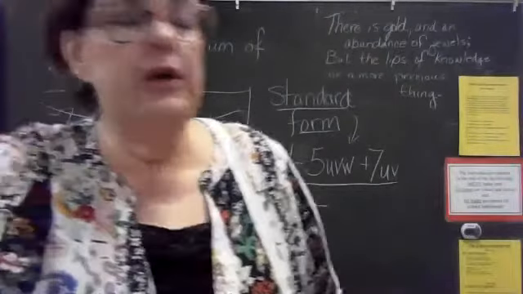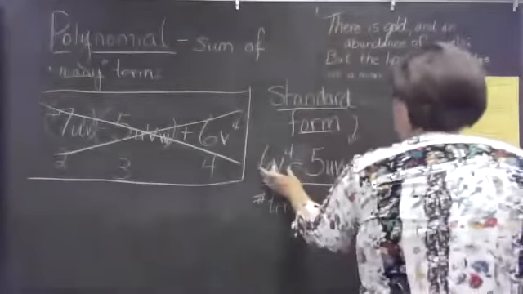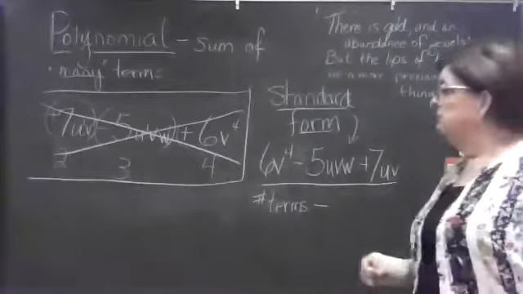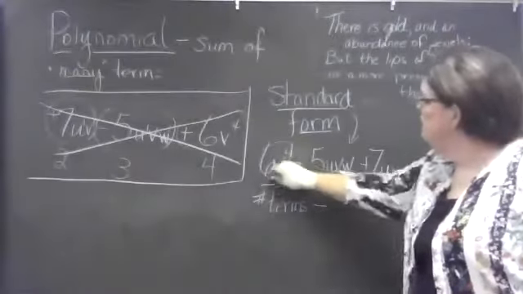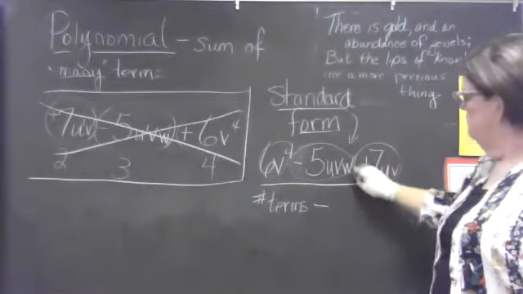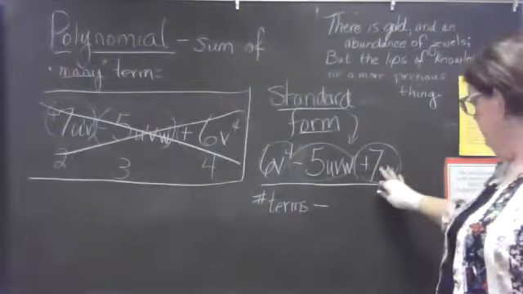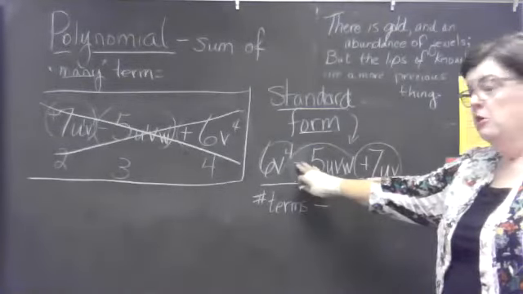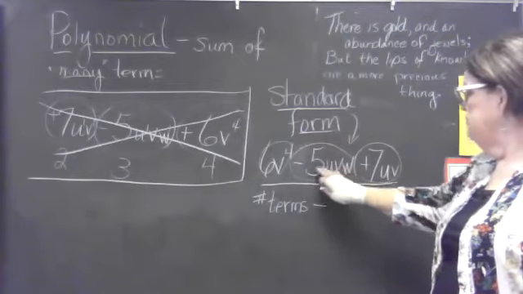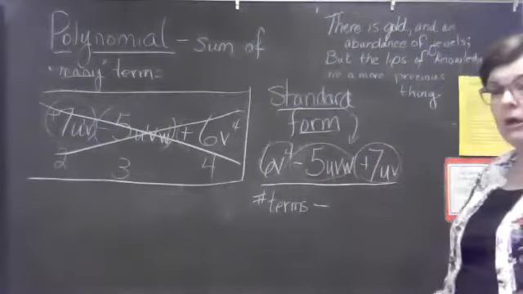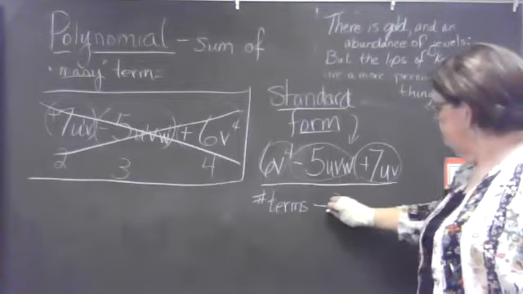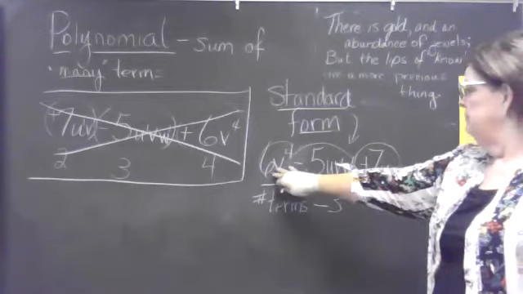2. Try again. 3. 1, 2, 3. Do you see this is 1, this is 1, and this is 1. The terms are separated by pluses and minuses. So it doesn't matter how many letters are here. All of this goes together if it's multiplied, if it's crammed together. It's all a term. Because that plus 6v4 has a plus sign in front of it originally.